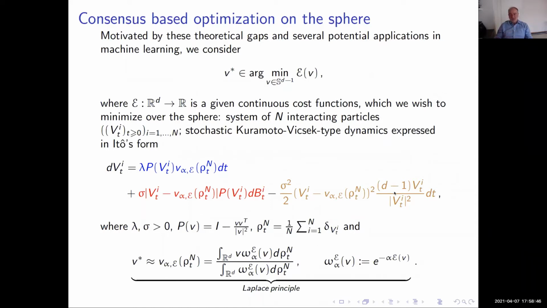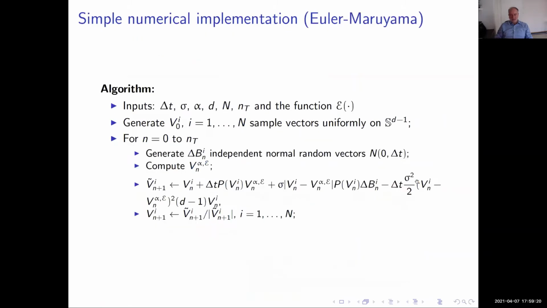And the way we realize it in practice is by discretizing in time this equation. The simplest way to do it is by using an Euler method, which in the field of stochastic differential equations is called the Euler-Maruyama method. So we are doing a sort of classical Euler step. And in order to guarantee that we stay on the sphere, we are basically reprojecting the dynamics onto the sphere by renormalization.